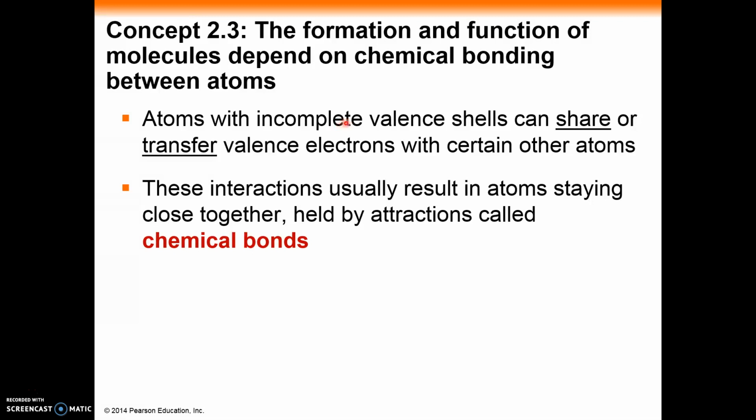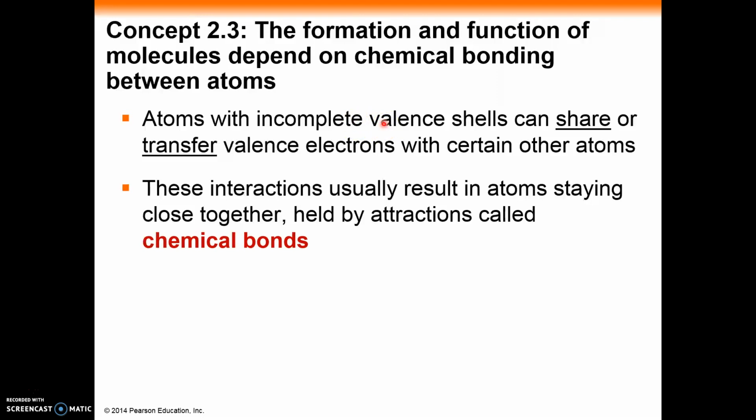Or if you have four in your outer shell and you can find four more to share with another molecule, you can again have a complete outer valence shell. Or maybe you can gain one if you're only missing one. Having that full outer shell is much more stable.